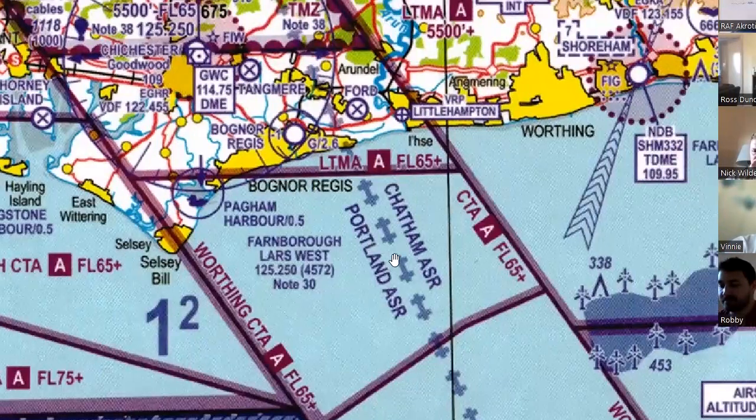So you'll notice this strange line that looks like a set of dumbbells. This is showing you the altimeter setting regions. To the east of that line, we call that the Chatham altimeter setting region, and to the west of that line, it's the Portland altimeter setting region.